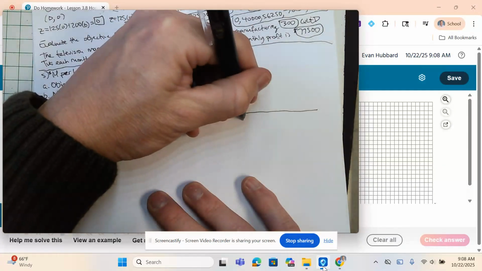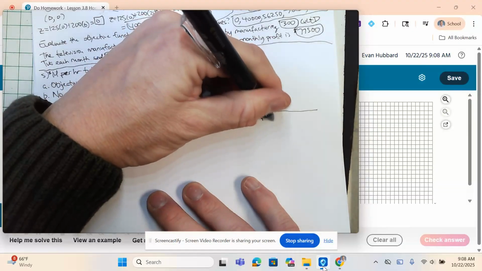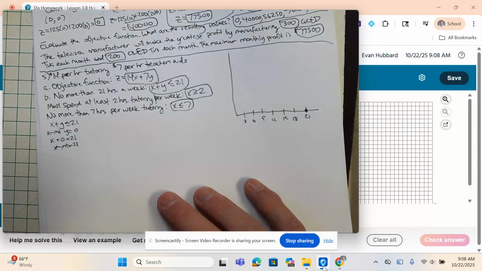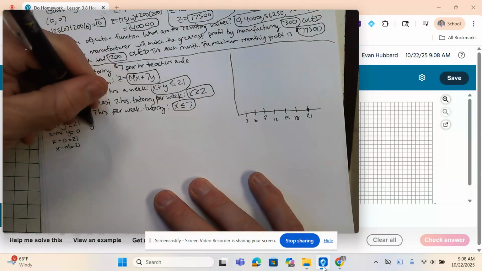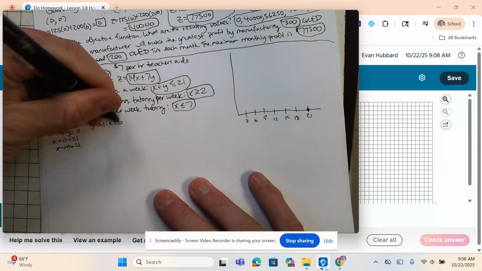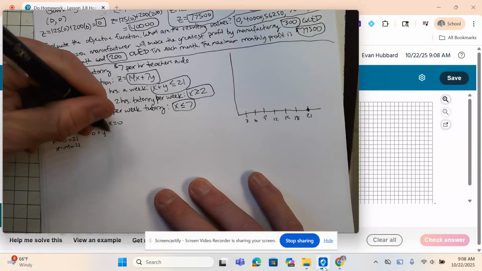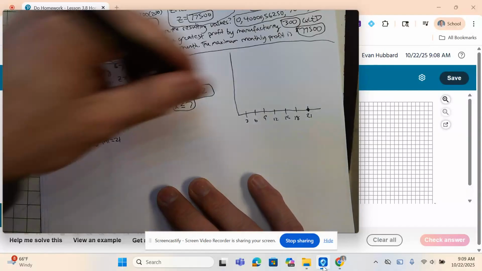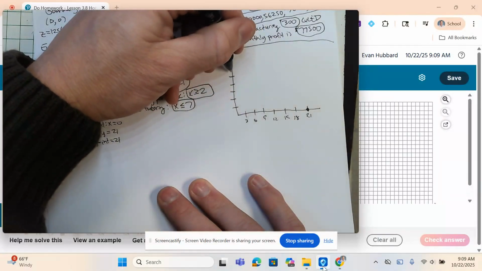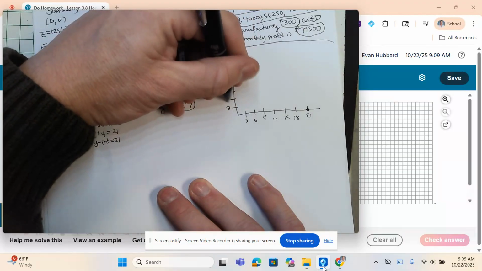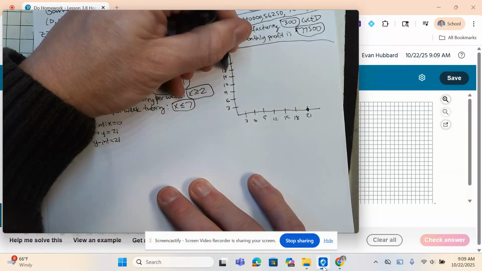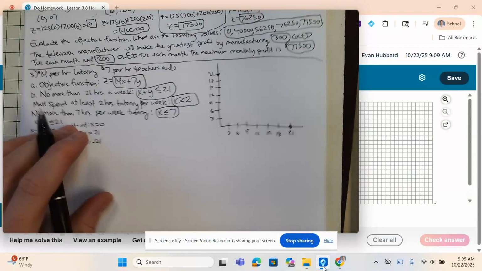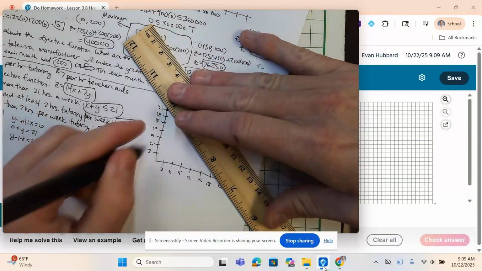I'm going to count by 3s: 3, 6, 9, 12, 15, 18, 21. To find the y-intercept, make x equal 0. So 0 plus y equals 21. The y-intercept is 21. There's one of them, so I'll connect these dots.